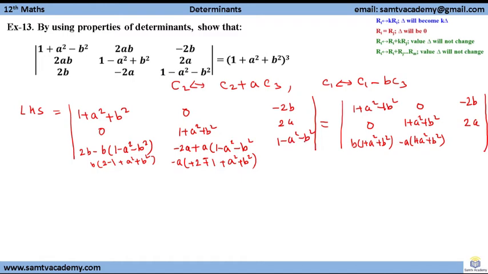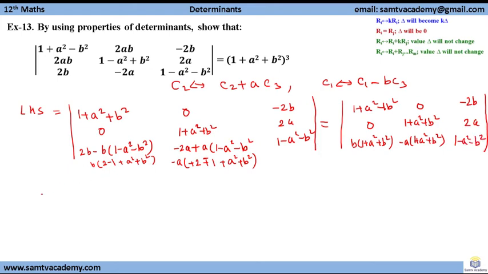Here we will write the same step: 1 minus A square minus B square.